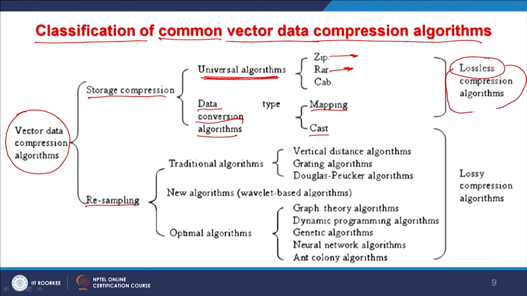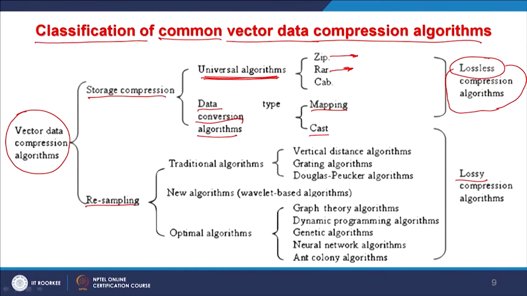And most of us should always check before compressing any data and deleting the original one. Always check whether it is lossless or lossy. For example, if I convert raster data into JPEG, then JPEG is a lossy data compression technique, a destructive compression technique rather than lossless.